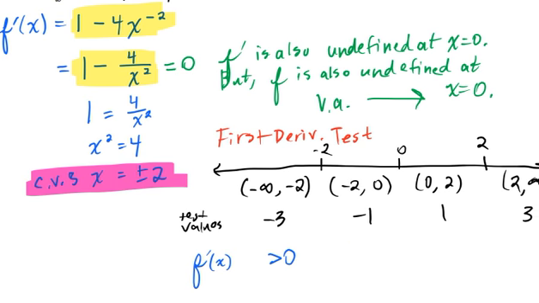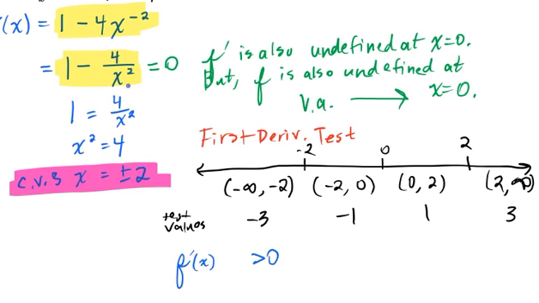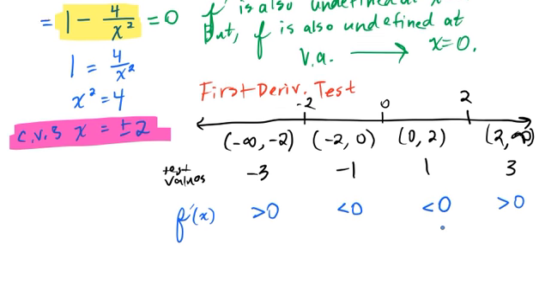And I'm going to get the same thing when I plug in positive 3 because 3 squared is also 9. So f prime of positive 3 is also greater than 0. And if we plug in plus or minus 1, negative 1 or positive 1 squared is positive 1. So we'll have 1 minus 4, or negative 3. So the derivative is negative at both of those x values.